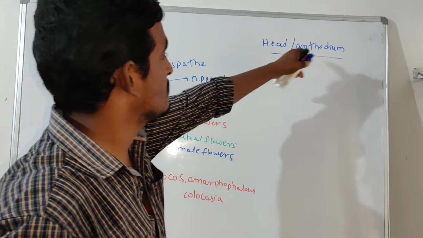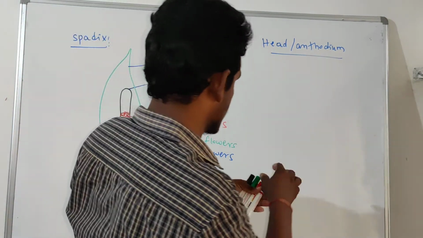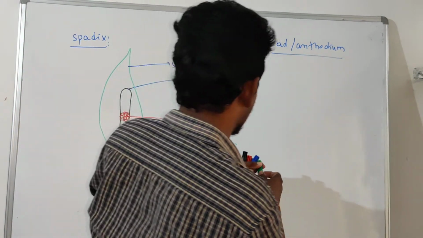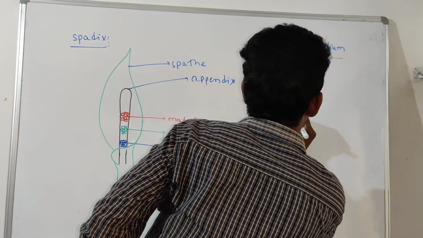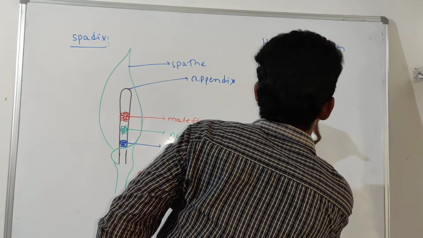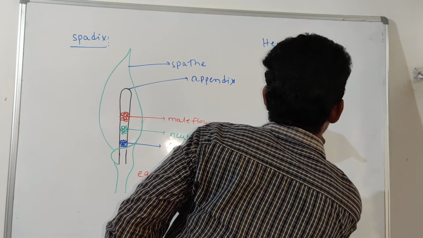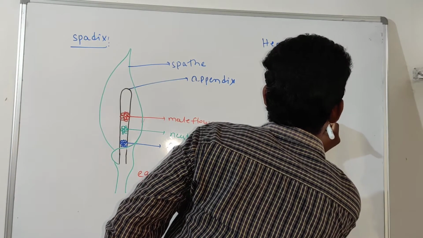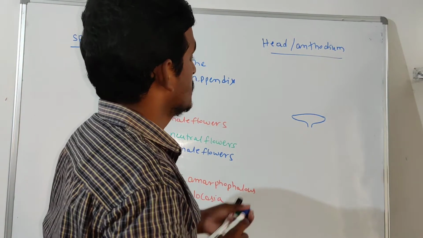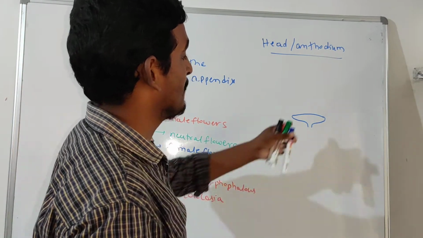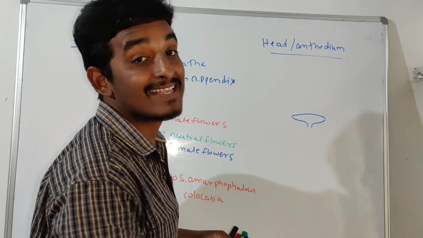If you see in the head or anthodium inflorescence, the peduncle is disc shaped and condensed. So it is a peduncle, disc shaped and a condensed one. So here the flowers are bracteate sessile flowers.